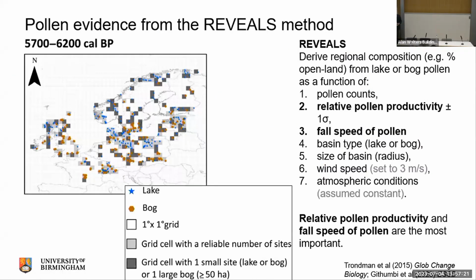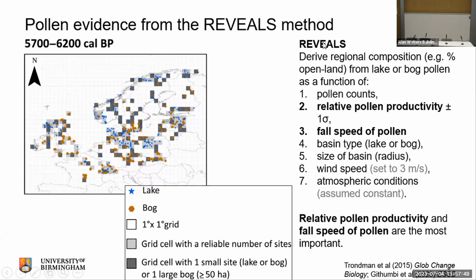There's also another line of evidence we can look at, which is pollen, and a developing methodology for taking pollen samples through time and converting them into an estimate of the regional land cover in a particular area. This is based on something called REVEALS, which is some sort of acronym I can't remember all the parts of, but the REVEALS method is what I'm going to call it.